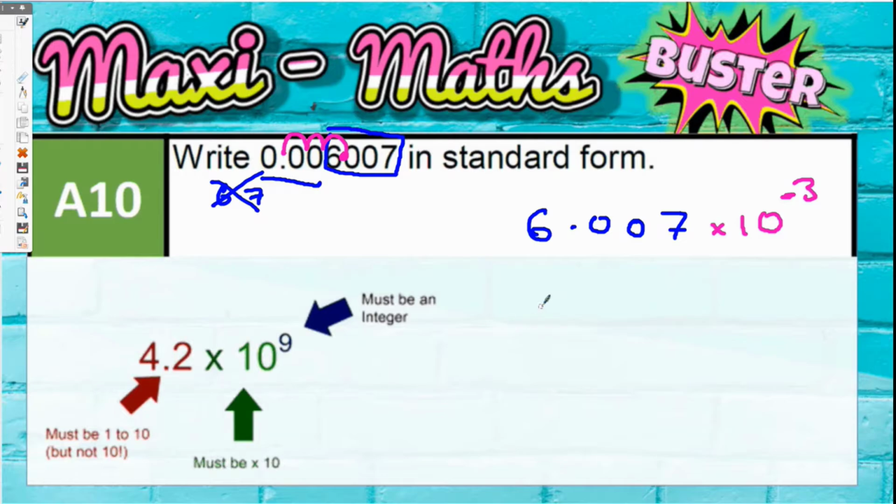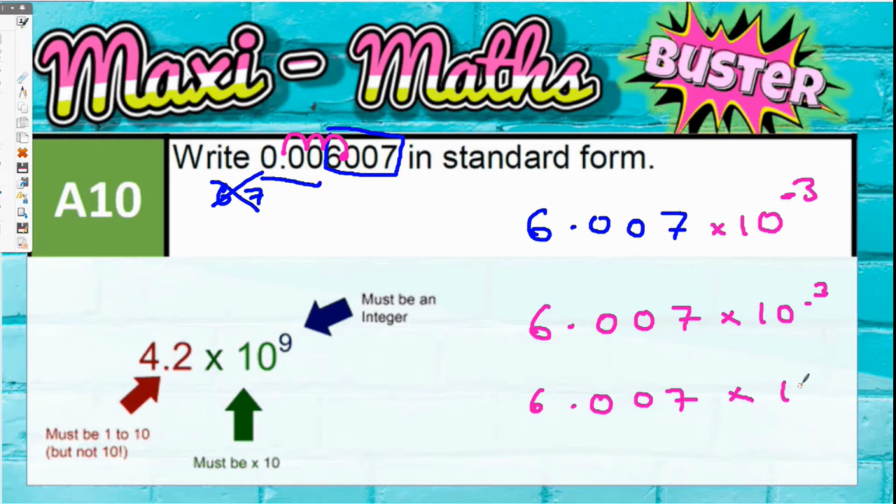So let's just double check as to why that's got to be negative and what the difference is if you do it with a positive power. I'm actually going to work both of these out. Times 10 to the power of positive 3. So remember, turning into standard form, you take the decimal point out.